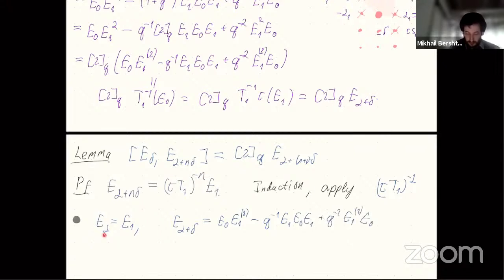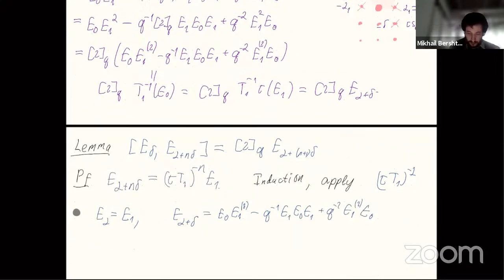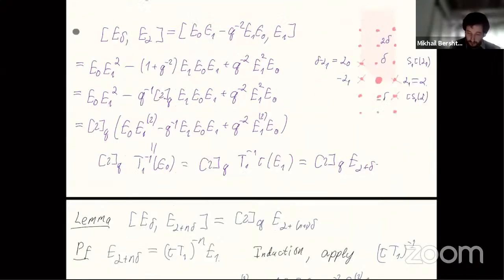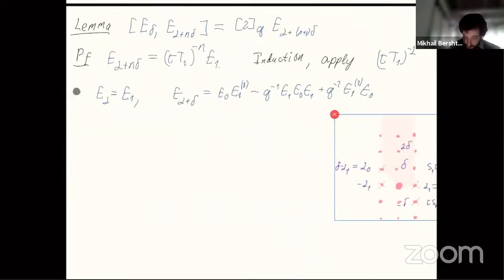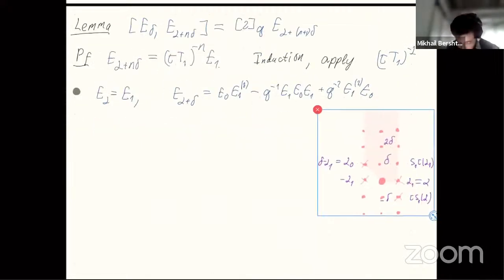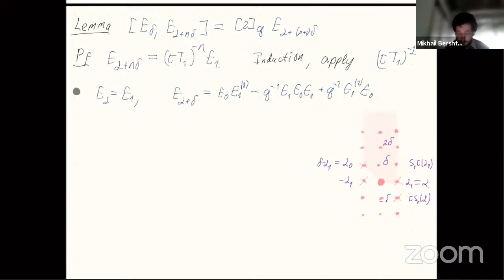What are their commutation relations? Okay, let me once again copy this picture. In the standard case, one generator lives here, another generator lives here. What are the commutation relations?